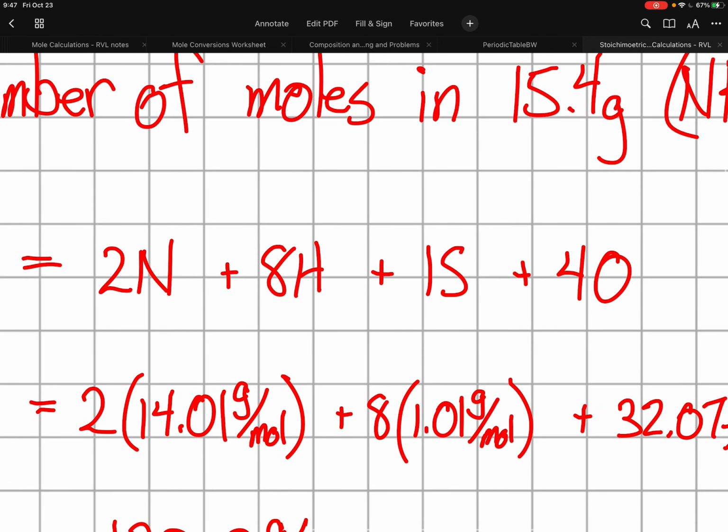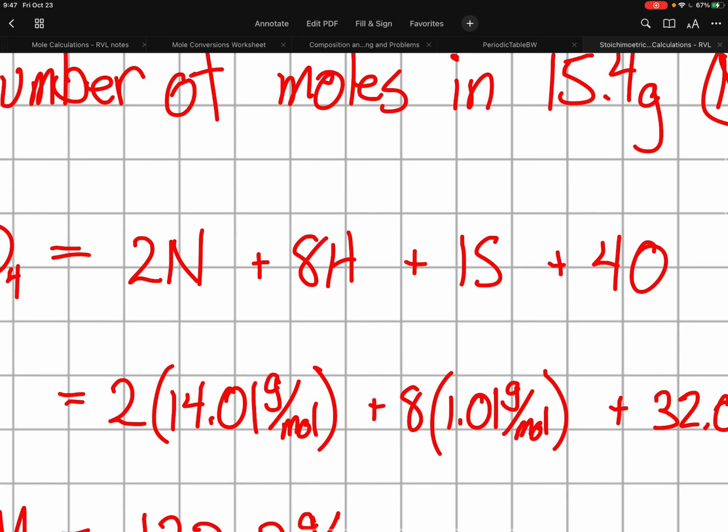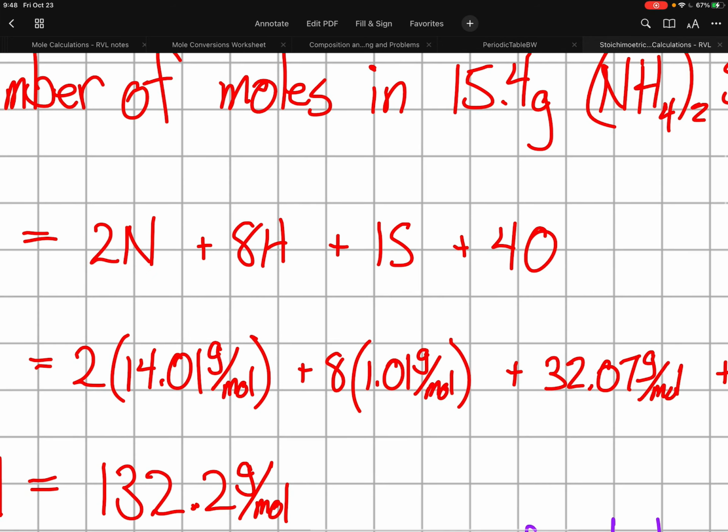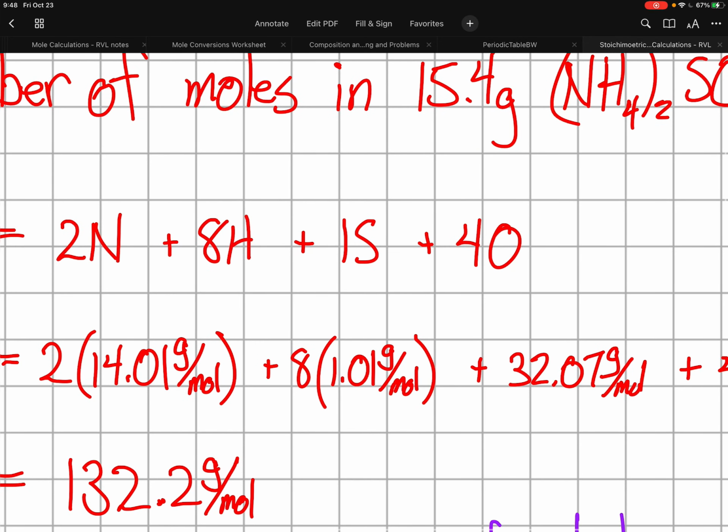Okay, so then I replace the chemical symbols with the molar masses of each element. So the molar mass of nitrogen is 14.01 grams per mole. The molar mass of hydrogen is 1.01 grams per mole, which you hopefully remember at this point, but if not, you can always find it in the periodic table.